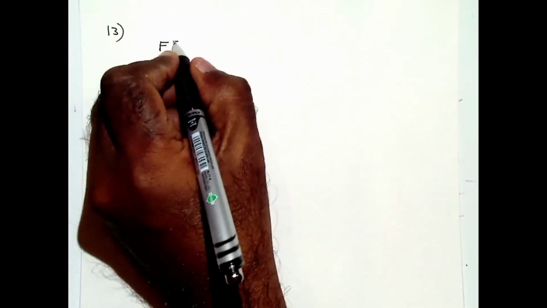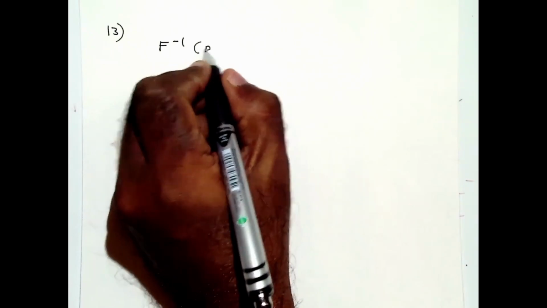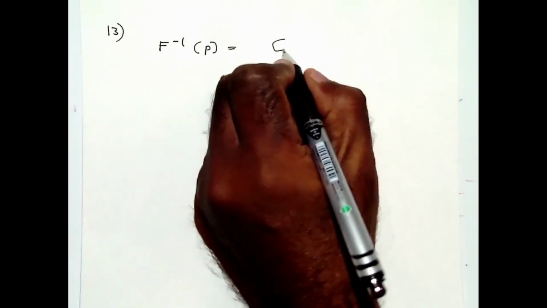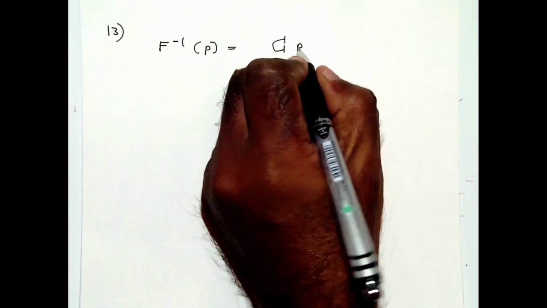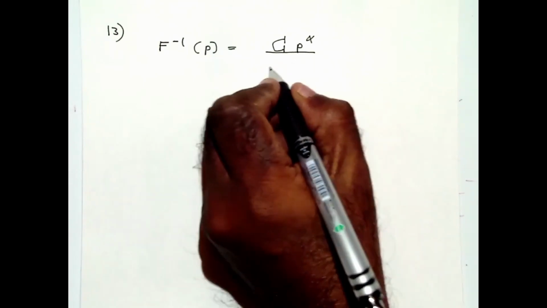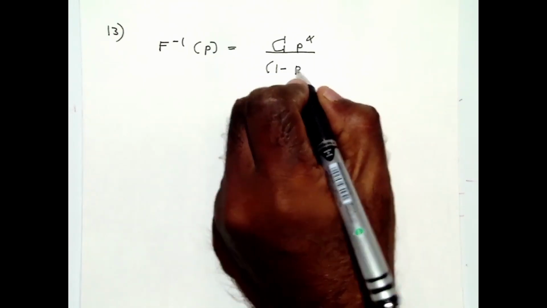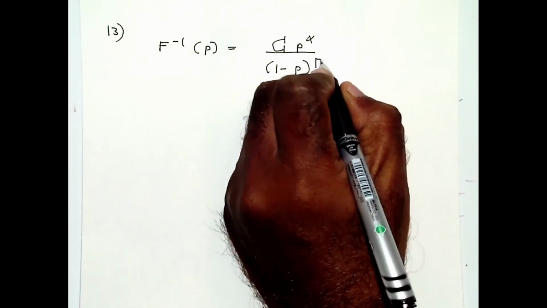And finally we arrived at part 13, which is the last part of sheet 6. Here you're given the quantile function c p to the power alpha divided by (1 minus p) power beta.